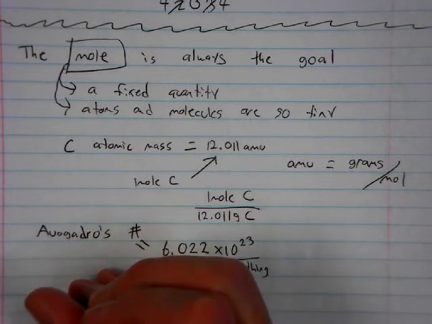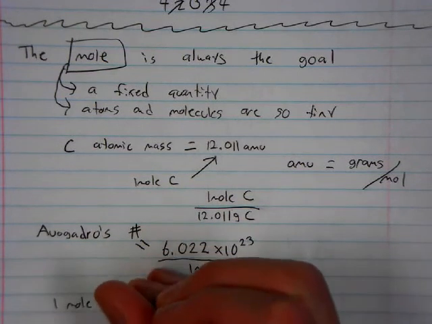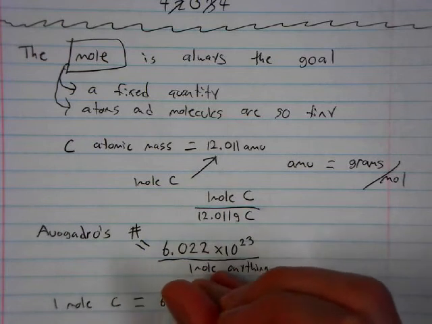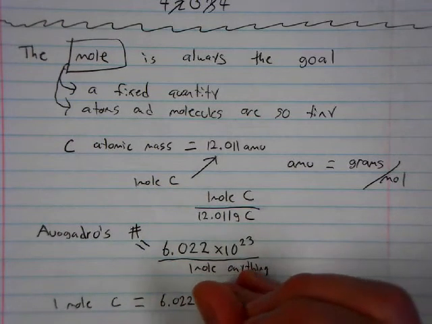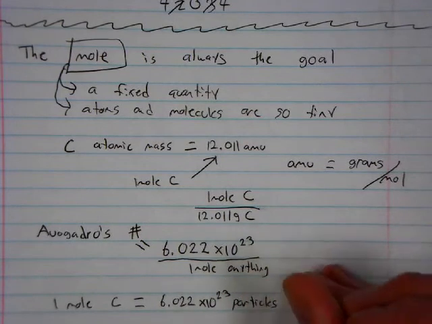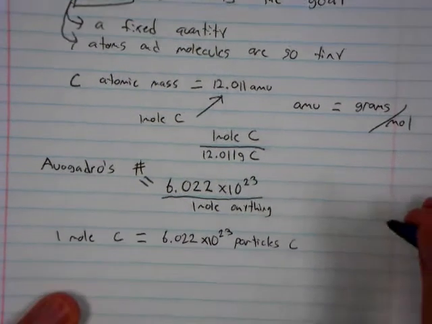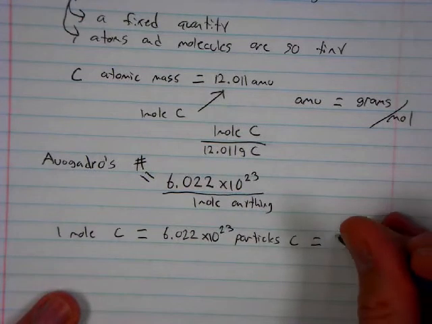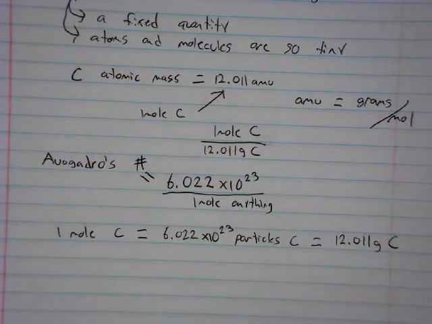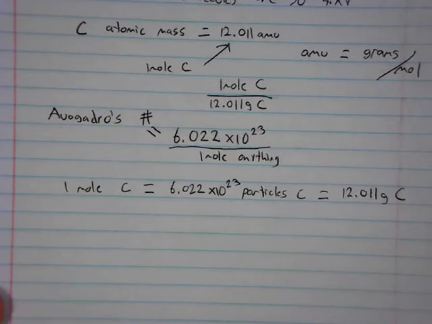In particles of carbon, 1 mole of carbon is equal to 6.022 times 10 to the 23rd particles of carbon, which is also equal to the original 12.011 grams of carbon.